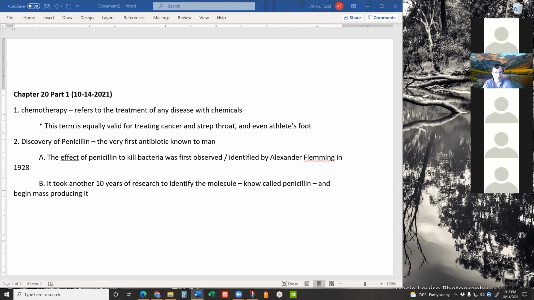Penicillin was a highly regarded substance during World War II because it saved the lives of a lot of wounded soldiers that survived their initial trauma, but then were combating infection in medical hospitals and MASH units around the world. So this was a really big deal in 1938, 1939, and all the years of World War II.